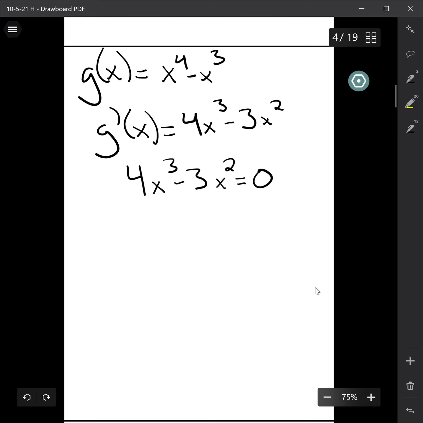In this case, please always try to factor out your greatest common factor. Each term here and here has an x squared in it, so I can pull out an x squared. This leaves me with a 4x from this term and a minus 3 from that term.